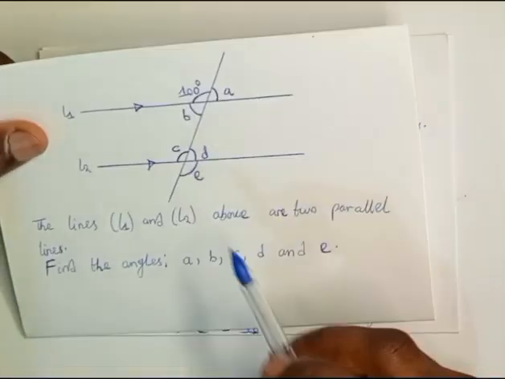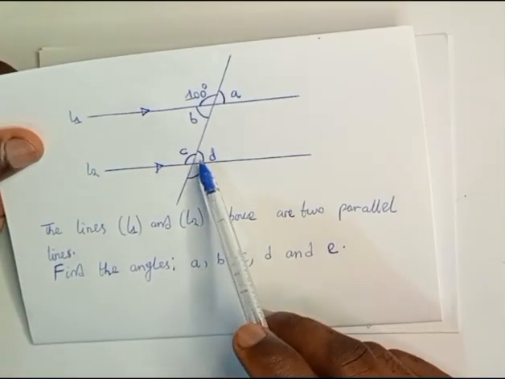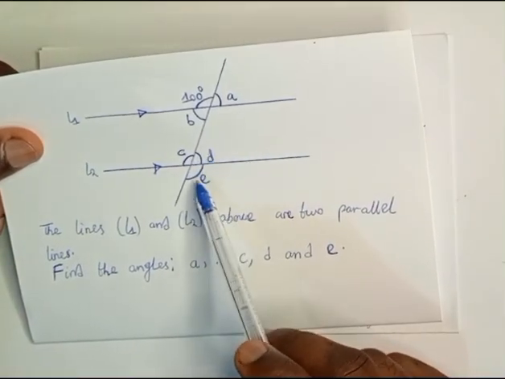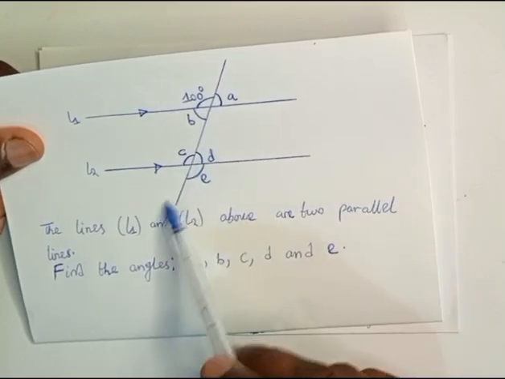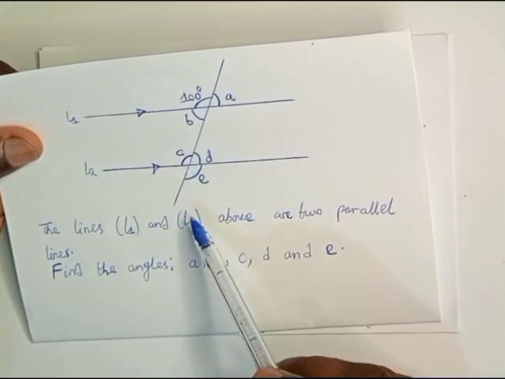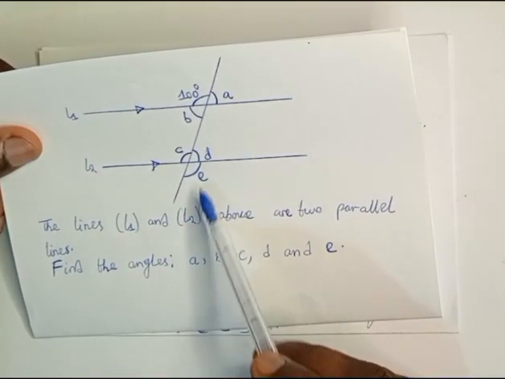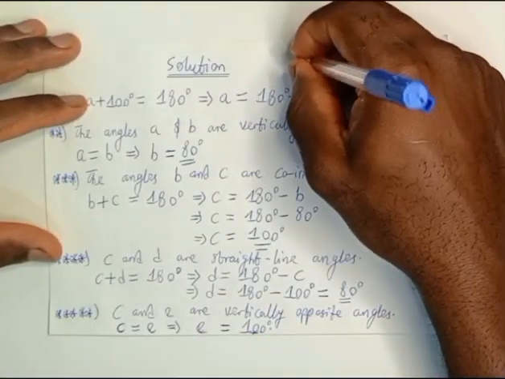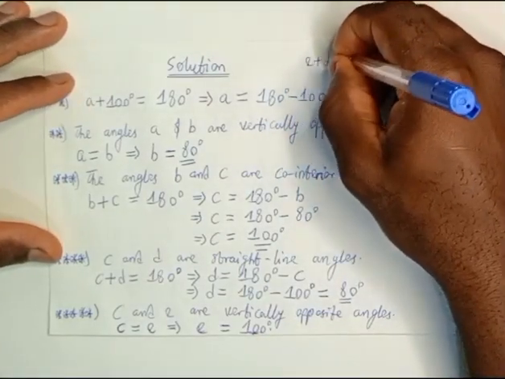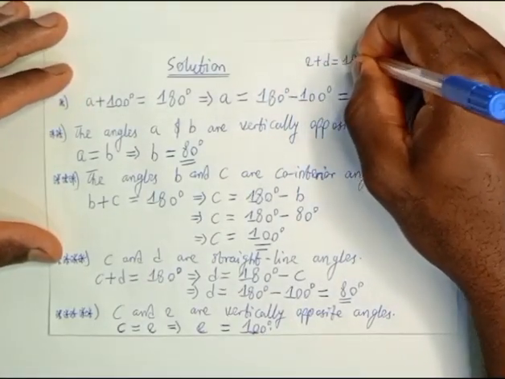Another way of finding the angle E is by making use of the fact that the angles D and E, they are straight line angles. That means they sum up to 180 degrees. Take this: E plus D is equal to 180 degrees.